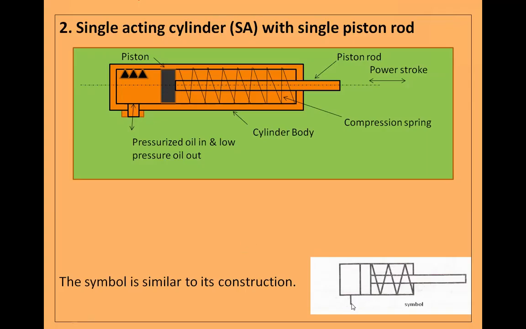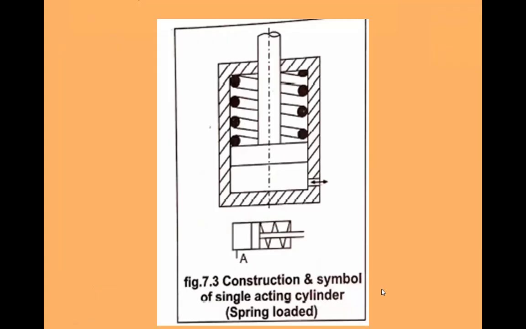Here one port is there, this is the cylinder, this is the piston, then the rod, and this is the spring. Through this symbol you will also come to know that it is a single acting cylinder with a single piston rod.